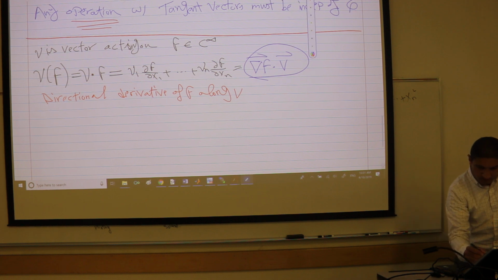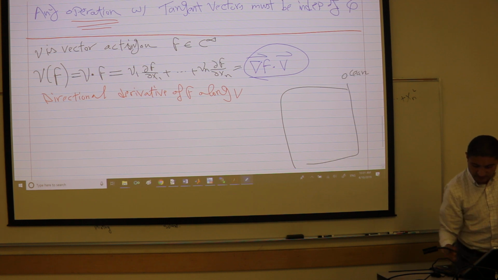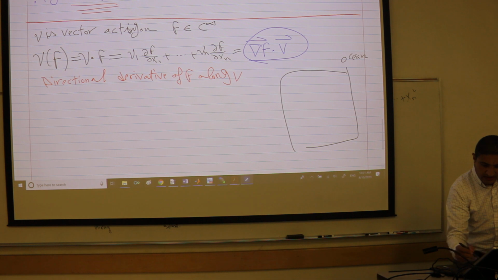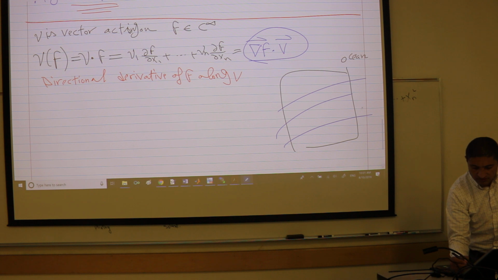Just for those of you who want to have a picture, if this is an ocean, and you have contours for a function, say temperature: temperature is 0, temperature is 10, temperature is 20 Celsius.